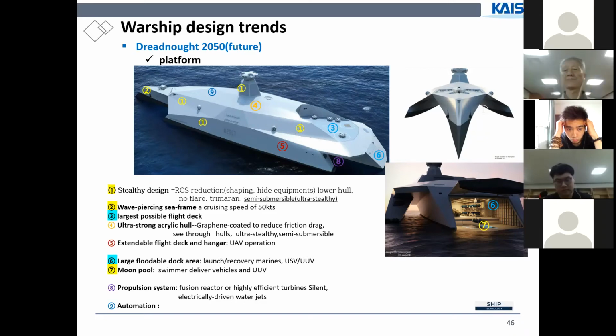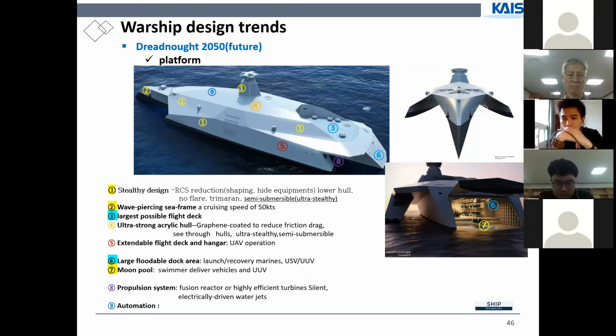The new Dreadnought ships. Let me show that platform. Very stealthy, no flares. This is primarily a trimaran hull form, 1, 2, 3, very low level, no flare, and very hard inclination angles.